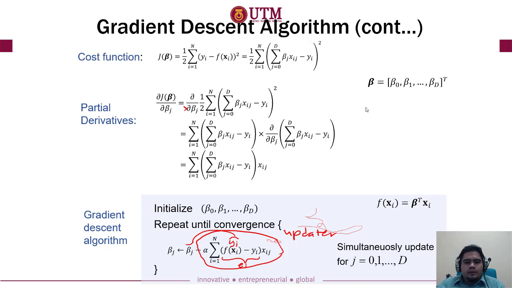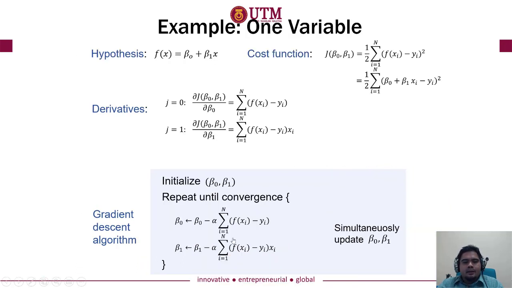Okay, sorry, there's some correction there. As you can see, based on this algorithm, in order for you to keep updating your beta, doesn't matter if it is beta naught or beta 1, you need to compute the whole data. Let's say your data is 1000, then you need to total up the whole errors. That is why you call it SSE, sum of square error.